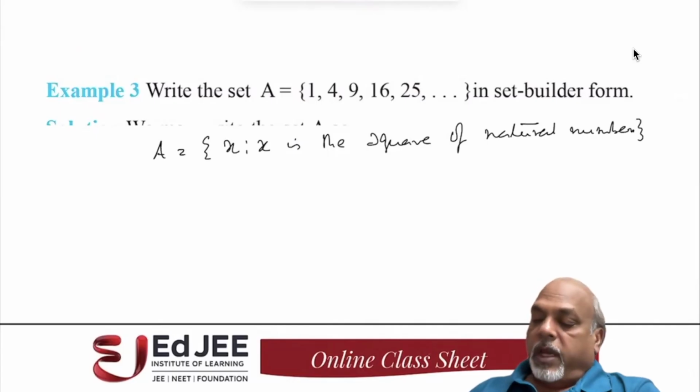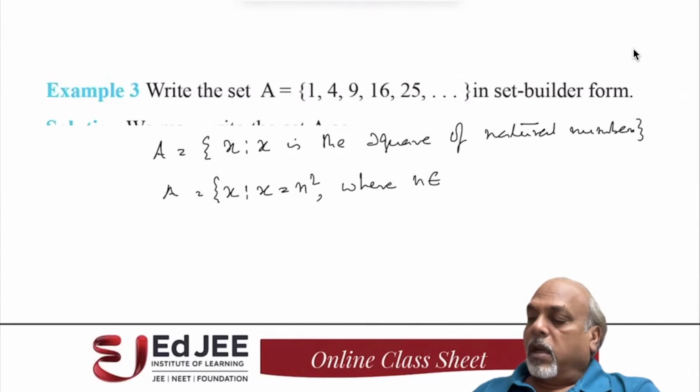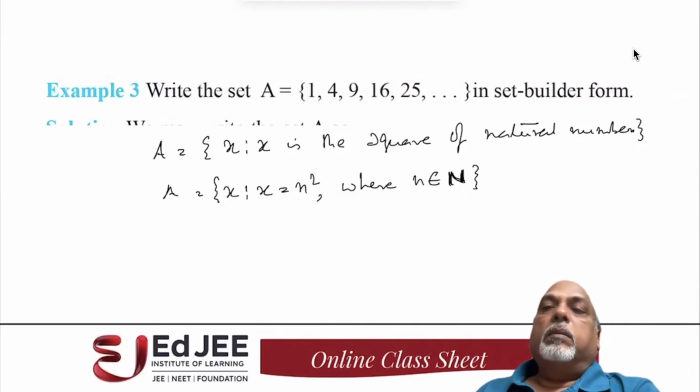Or we can write it this way also: x such that x is equal to n square, where n belongs to N. I told you these notations, where capital N denotes the set of natural numbers. Correct? So in two ways you can write this.